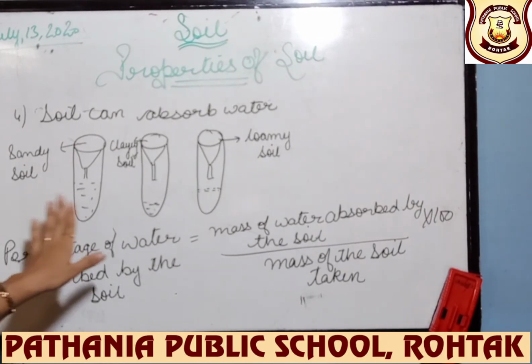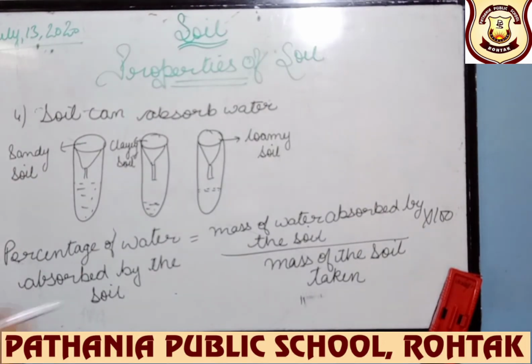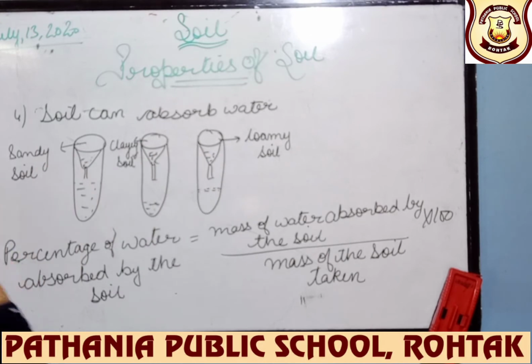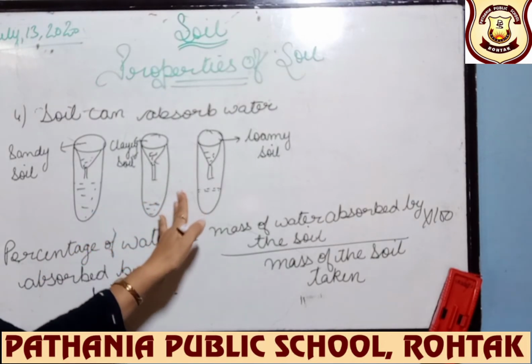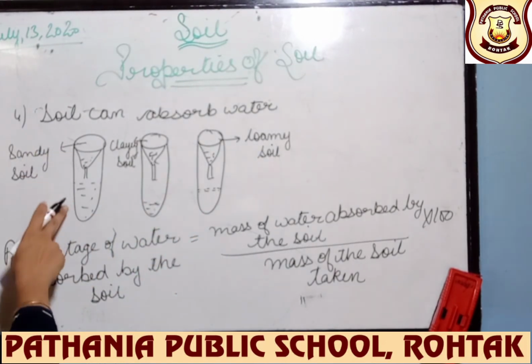I am going to take 3 test tubes. In this I have kept a funnel with the soil in it, and in the first test tube it is sandy soil, in the second test tube it is clay soil, in the third test tube it is loamy soil. What will happen as you pour the water in it?